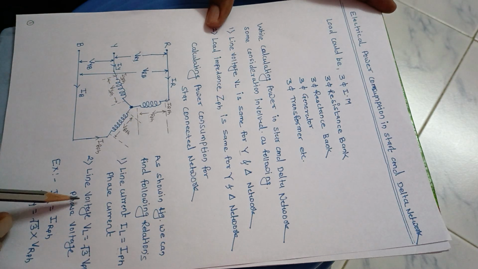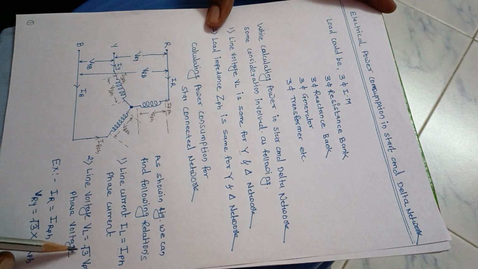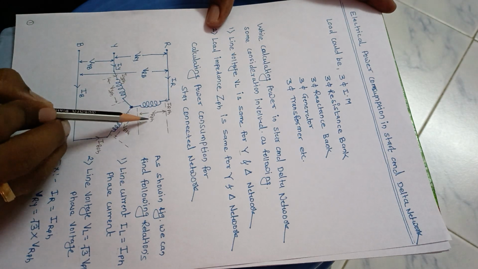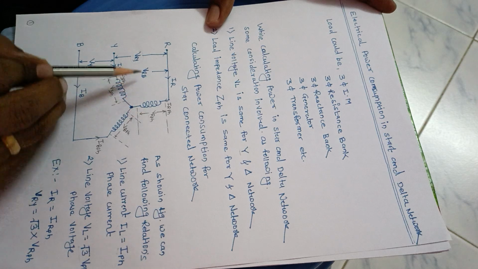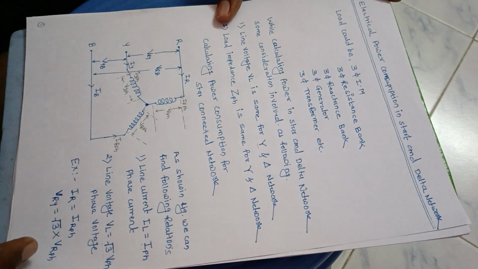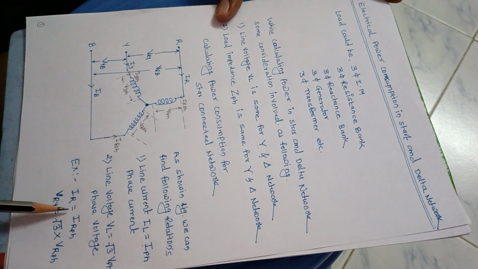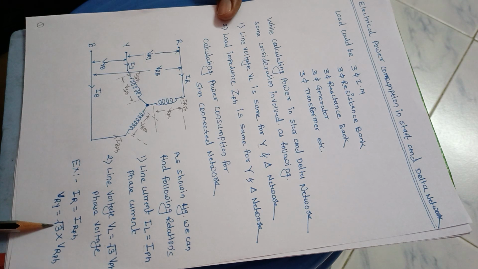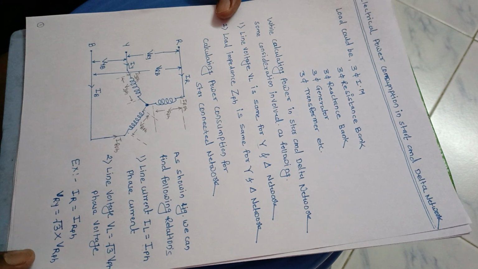The line voltage VL is equal to root 3 times VPH. For example, IR is equal to IRPH, the phase current, and VRY, the line voltage, is equal to root 3 times the phase voltage of R phase.